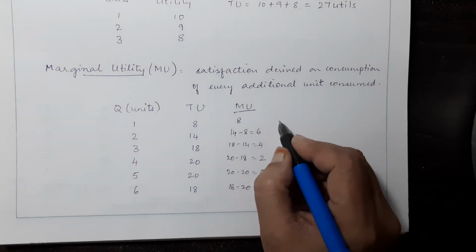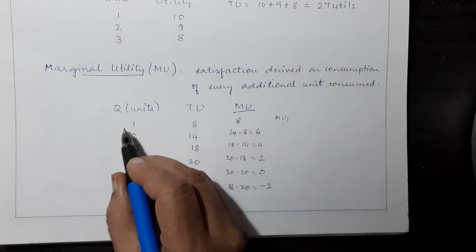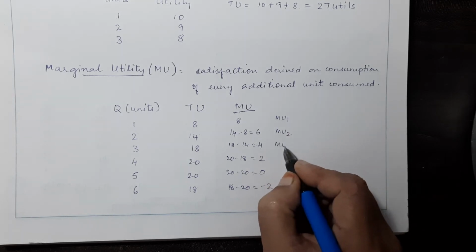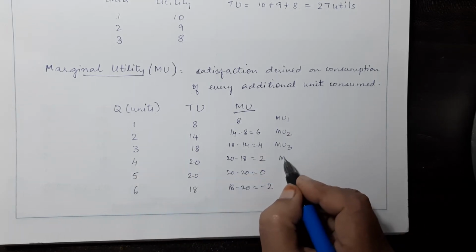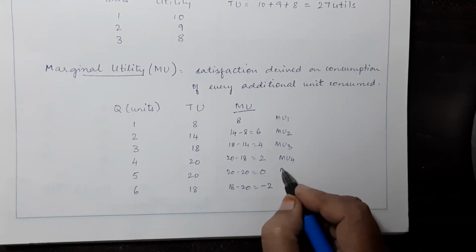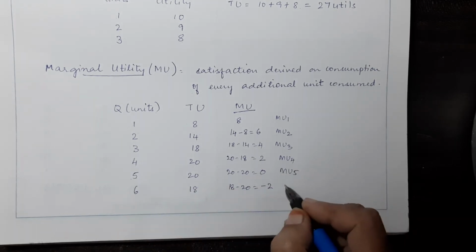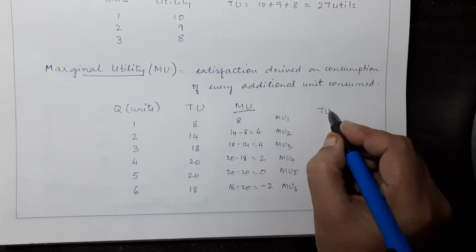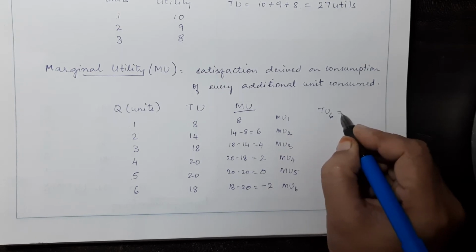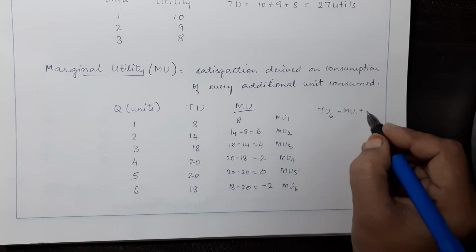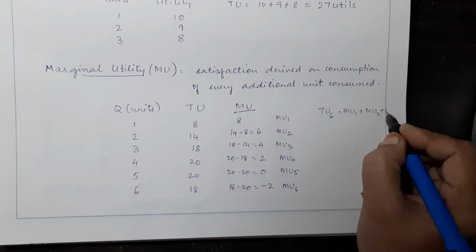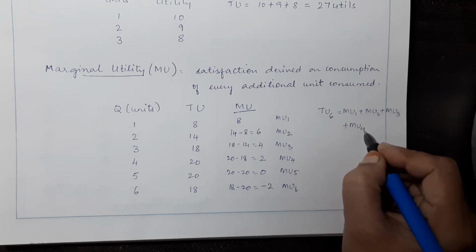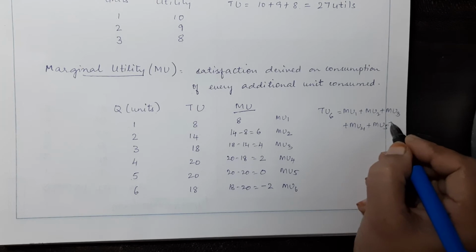If you call this MU1 for the first unit, marginal utility of the second unit MU2, the third unit MU3, the fourth unit MU4, the fifth unit MU5, and the sixth unit MU6, then the total utility of 6 units will be given by the marginal utilities of all the units consumed. That is MU1 plus MU2 plus MU3 plus MU4 plus MU5 plus MU6.